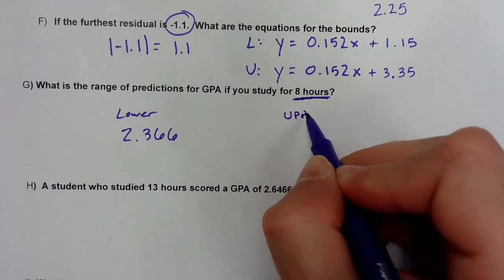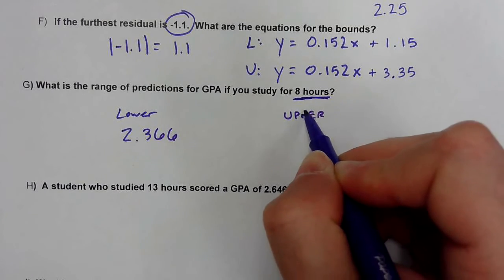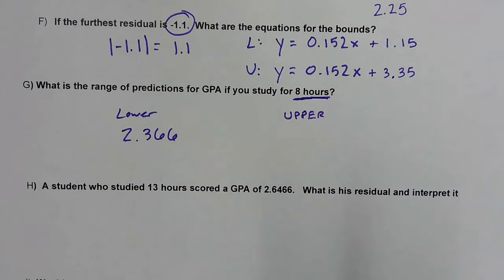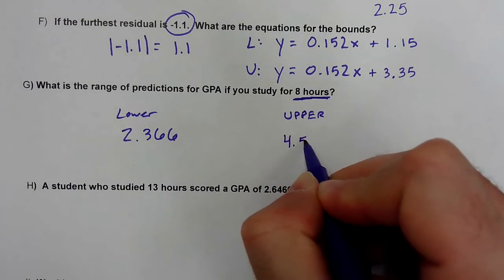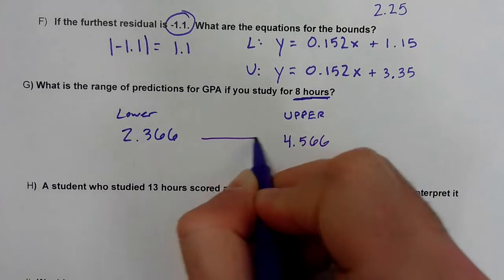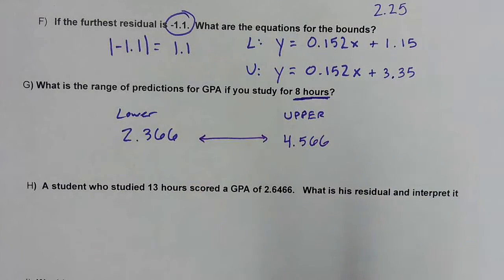And if I substitute into the upper, 0.152 times 8 plus 3.35, we get an upper of 4.566. So we would say our prediction should fall between those two values.